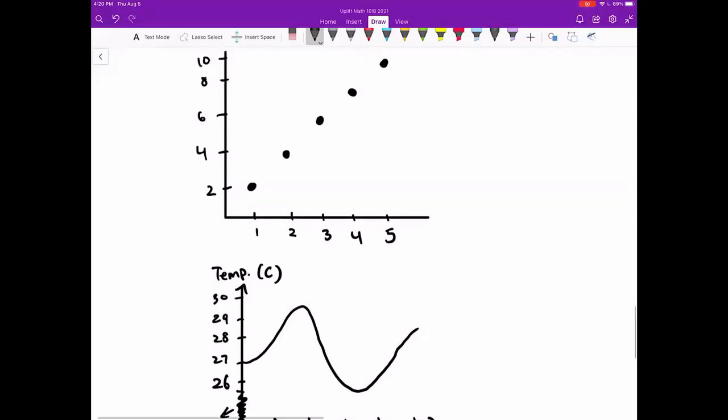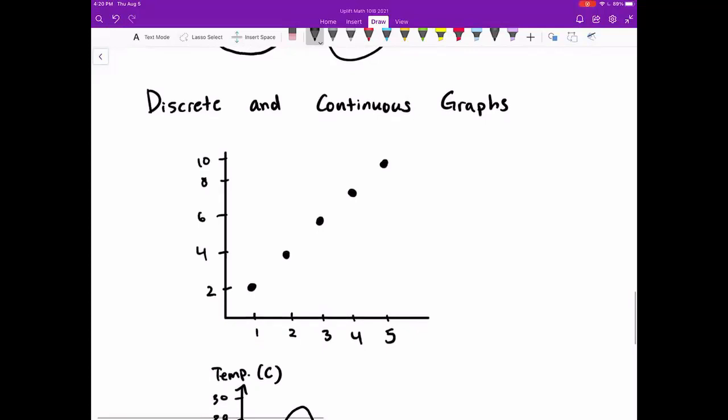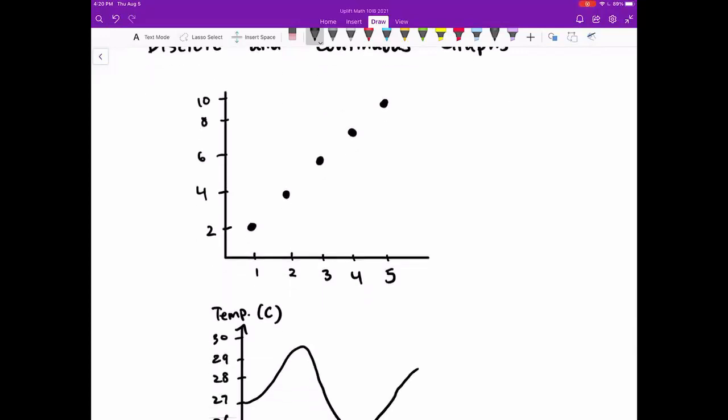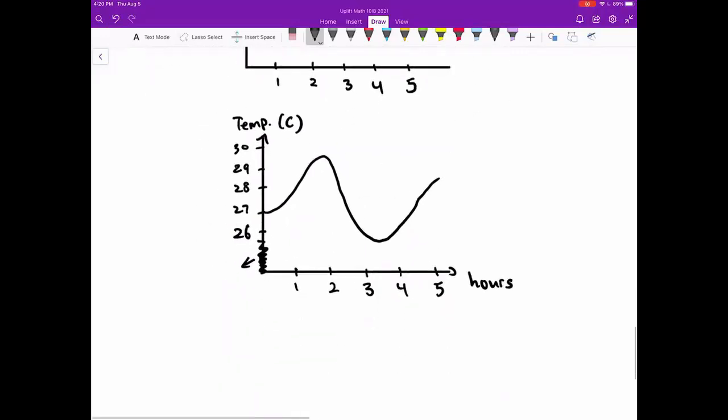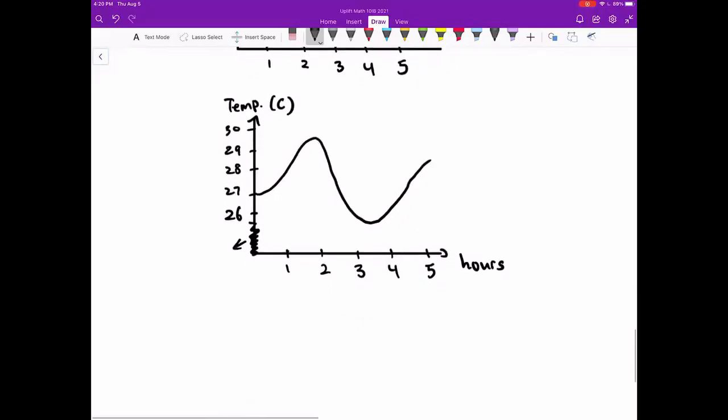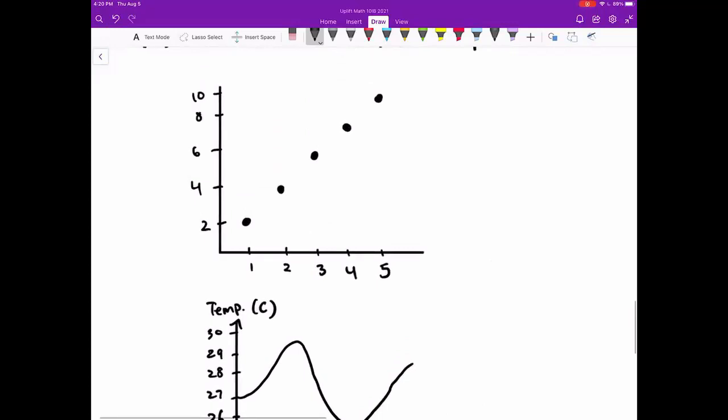Okay, so for a discrete graph, the x values can only be certain numbers, right? It could only be some specified numbers. However, on a continuous graph, the x value can be any number. Let me just explain again. For the number of apples you can buy, it's not like you can go to the supermarket and buy 1.5 apples. You can only buy a whole integer number of apples.